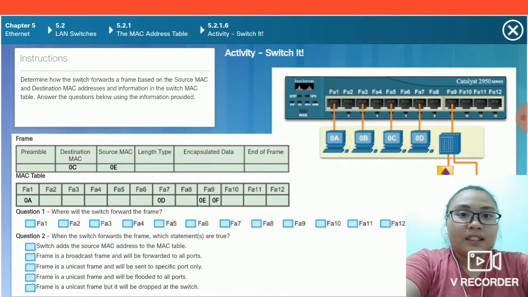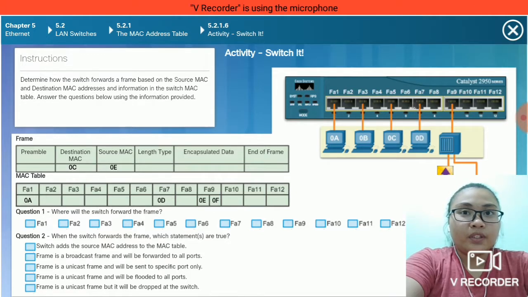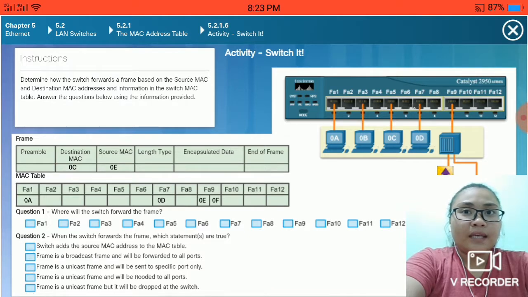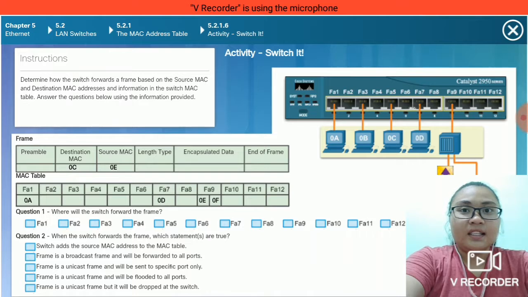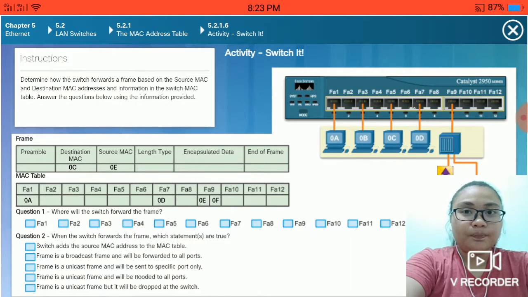The first one is preamble. A preamble is a signal used in network communication to synchronize transmission timing between two or more systems. In general, preamble is a synonym for introduction.